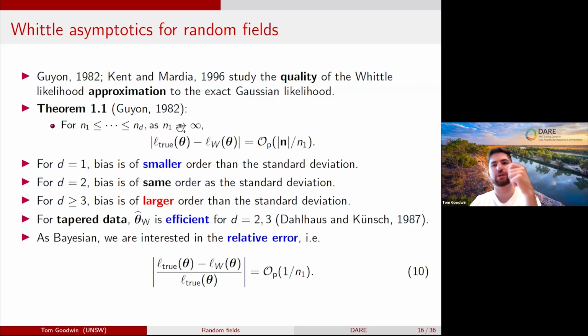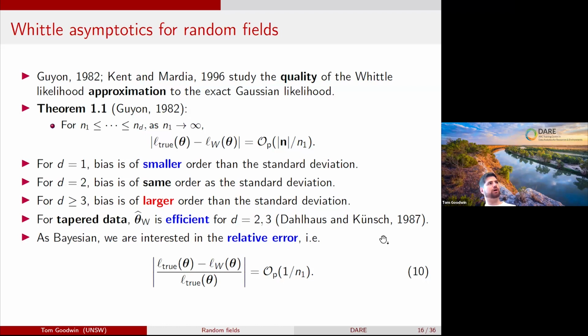If you look at the maximum Whittle likelihood estimates in the 1D time series case, the bias you incur is smaller than the standard deviation. In 2 dimensions, it's on the same order, so you incur some bias and error. And in 3D, the bias is large, so you incur a much larger bias as you increase in dimensions.